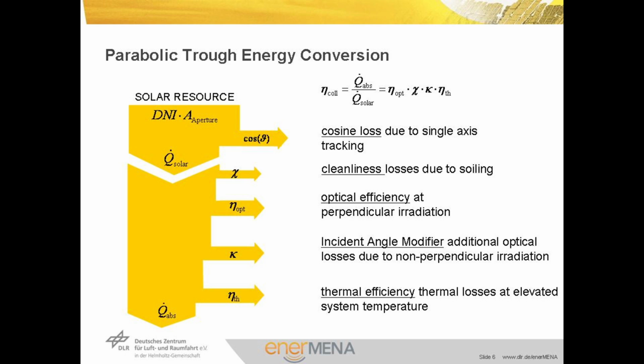Starting from the total available solar input, the energy conversion steps relevant to parabolic trough systems are depicted in form of a Sankey diagram on this slide. The available input is calculated as the product of the aperture area and direct normal irradiance. At this stage, it is important to be precise about the aperture area used.